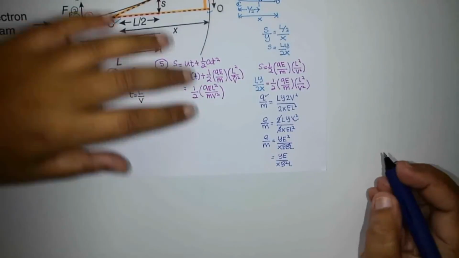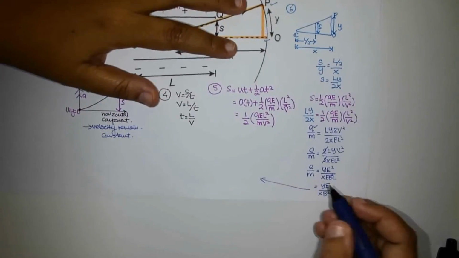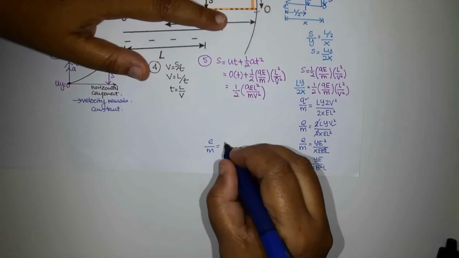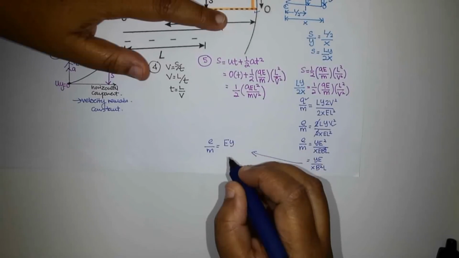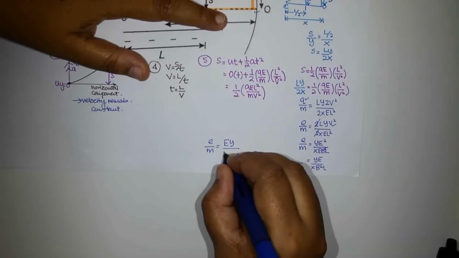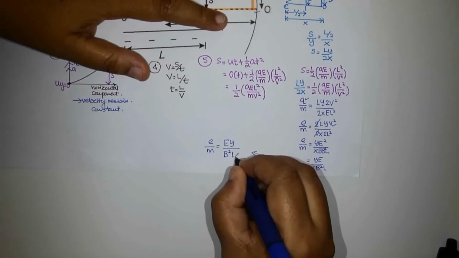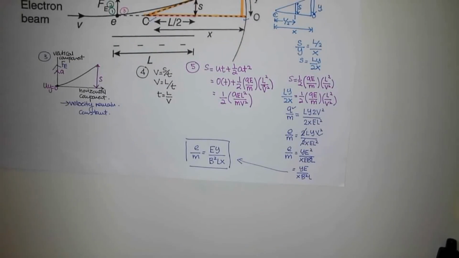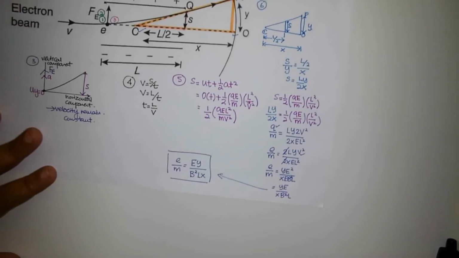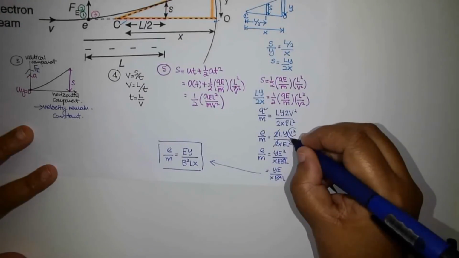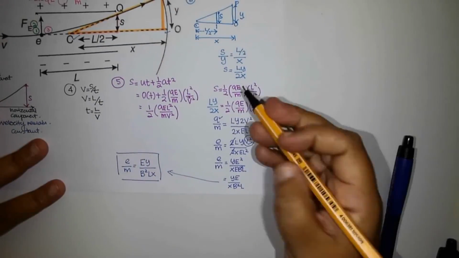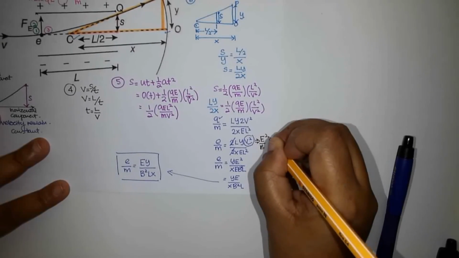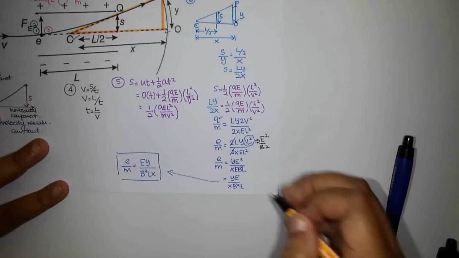So I rearrange this formula, make it better. e over m is equal to E y over B square L x. Now I substitute the v as E over B, since it's squared, so E square B square.